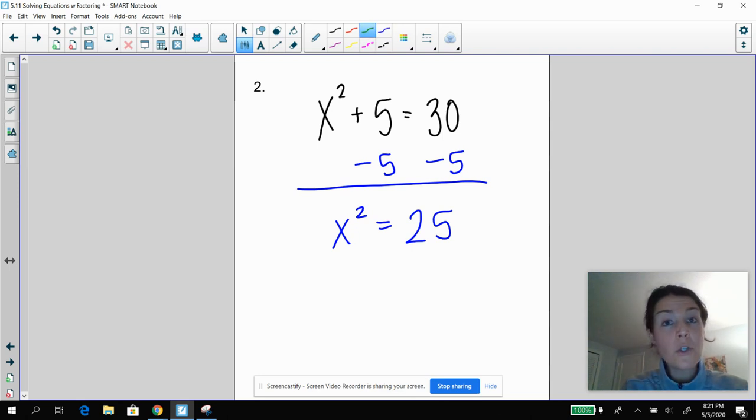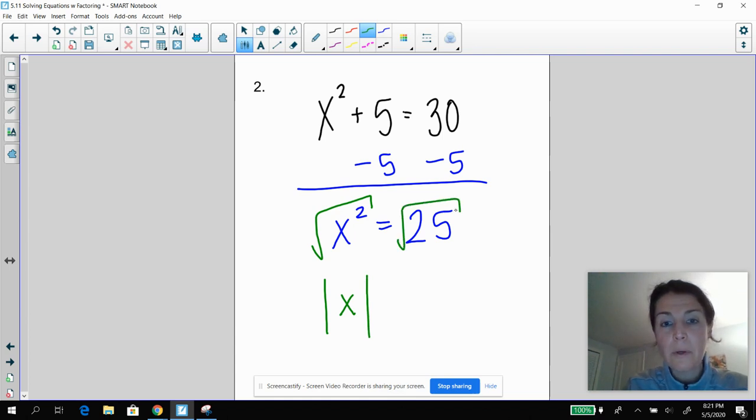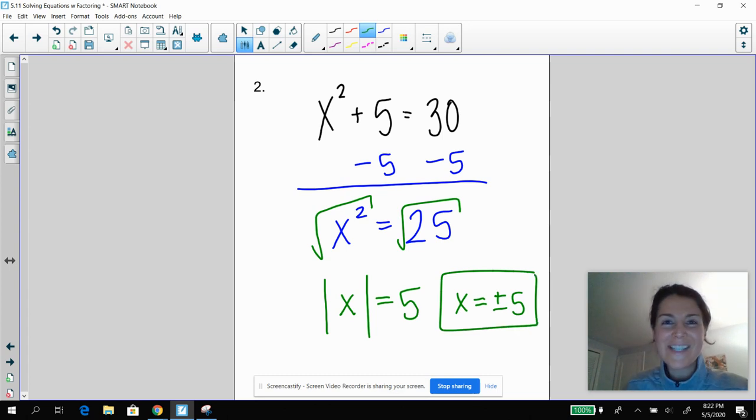If we're trying to undo what's happening to x, I need to square root something that's being squared. So remember, anytime I'm square rooting something that's being squared, I'm left with the absolute value. And then I square root the other side. So I get that the absolute value of x equals 5. But I know that x can be two values. It can be positive or negative 5. And you're done. So things got a little bit harder, right?